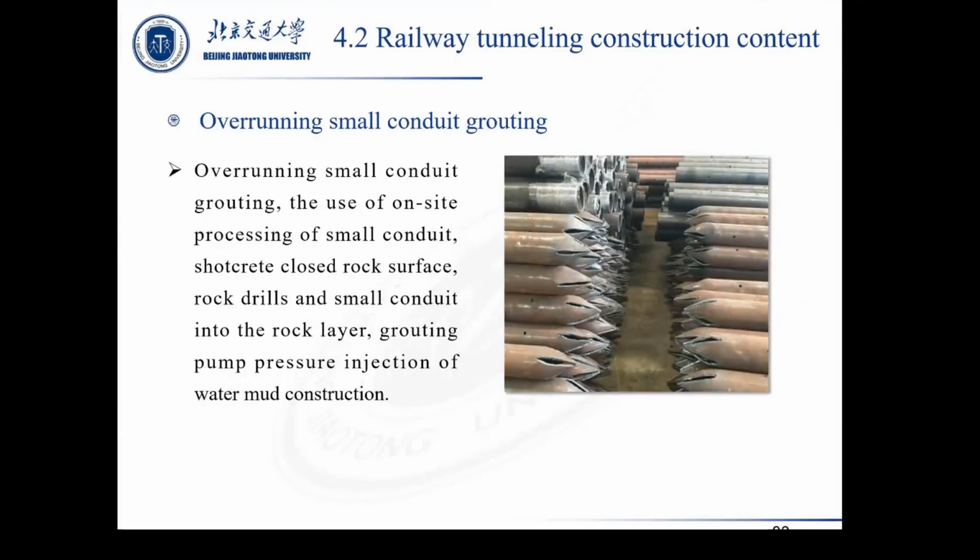Overrunning small shotcrete. The use of outside process of small shotcrete creates a cross rock surface, rock drift, and small contact into the rock layer. Rock pump process ejection of water mud conduction.